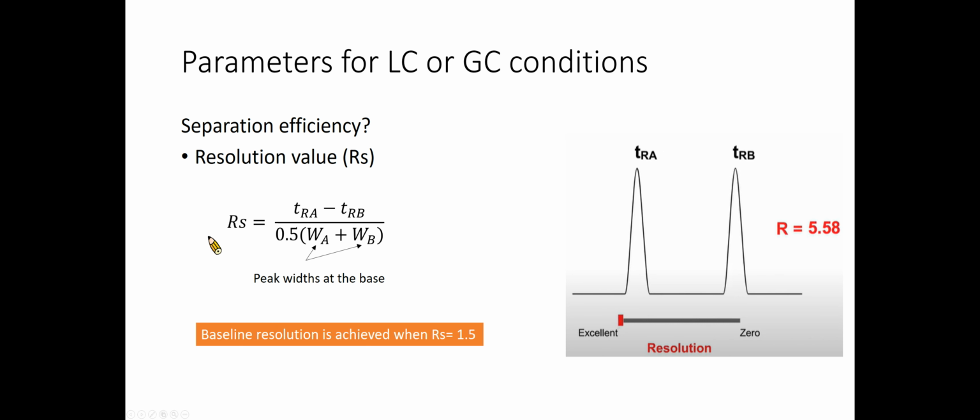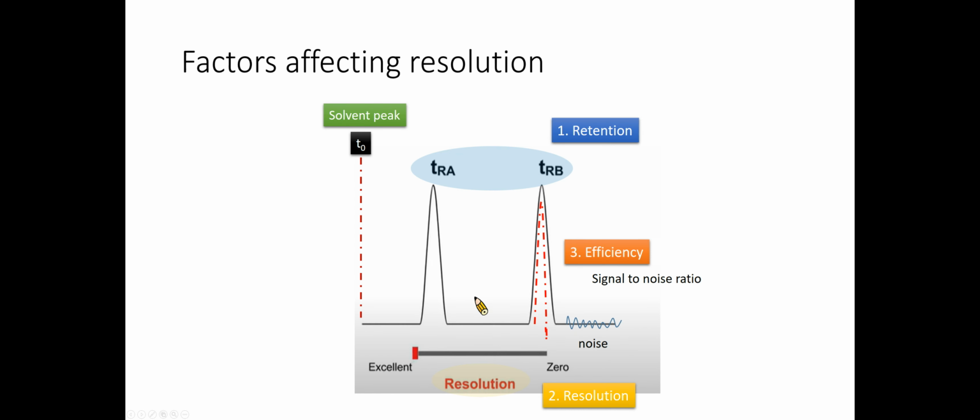The greater the resolution value, the better the separation efficiency. In summary, there are three major factors that affect the resolution: retention, selectivity, and efficiency. Retention is a measure of the degree of interaction with the stationary phase, which is quantified with the retention factor.